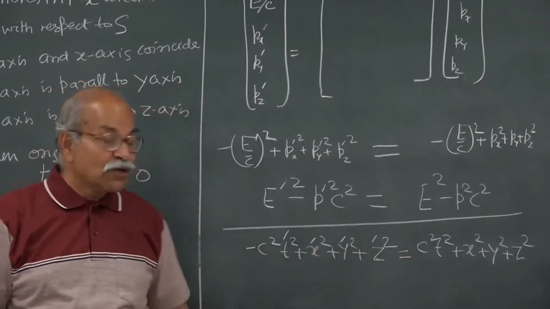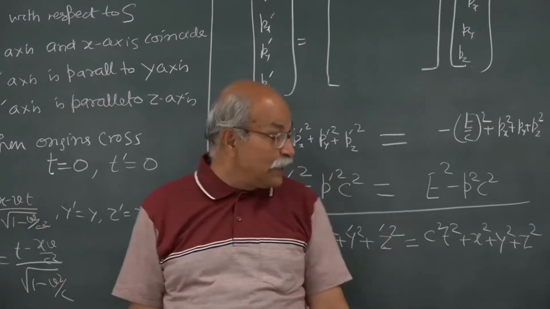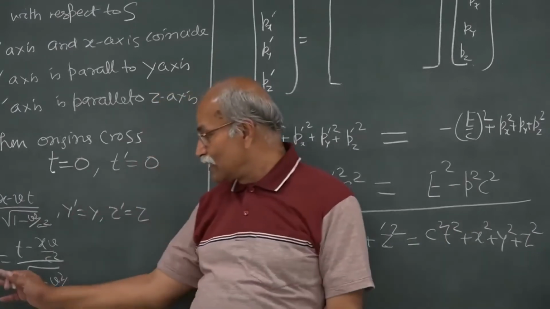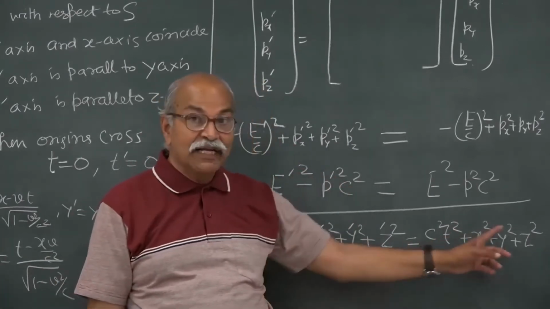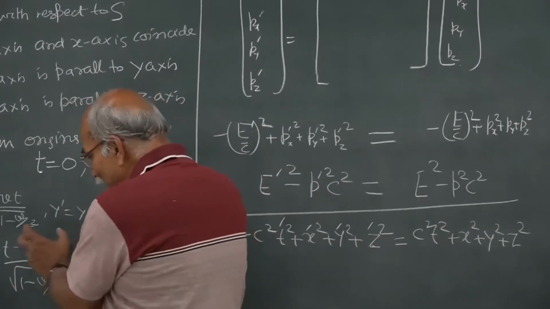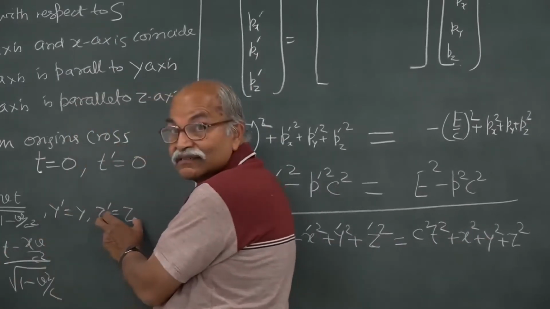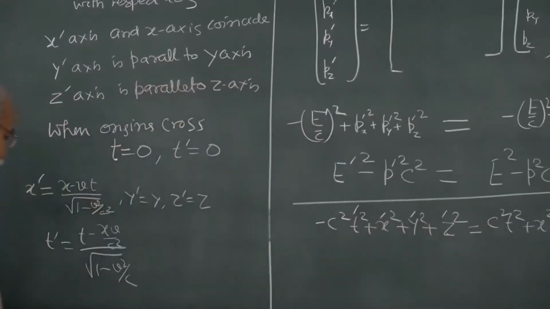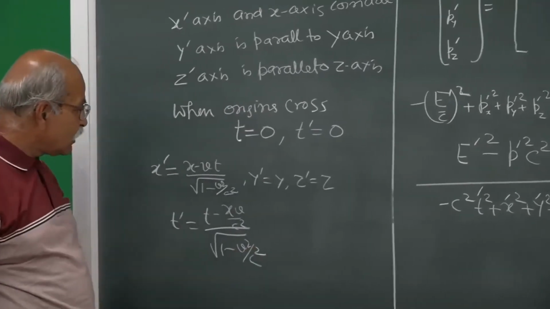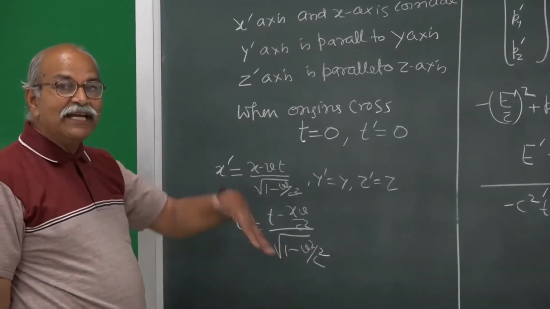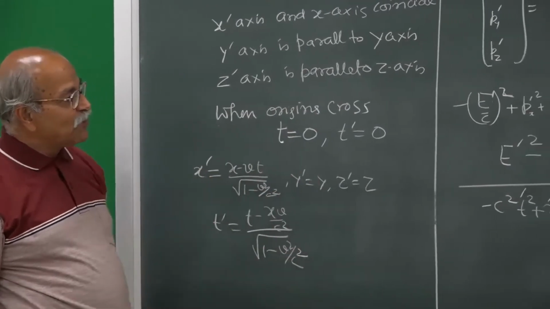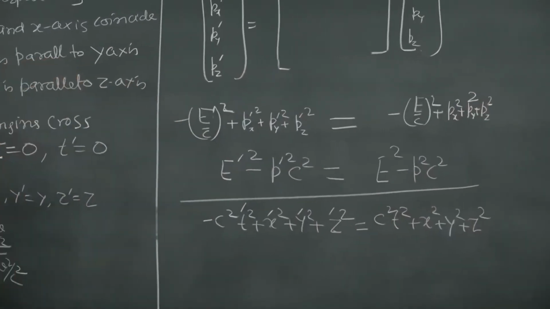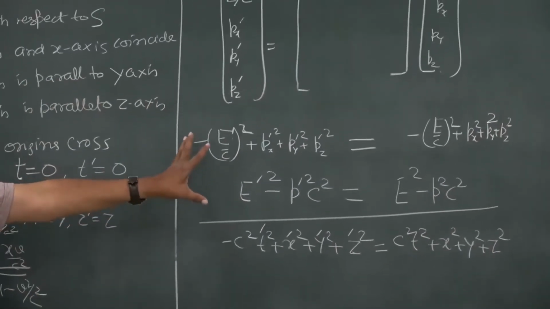Although x prime, t prime, y prime and z prime cannot be so simply obtained from these equations, this equation will still remain the same. Those are the kinds of properties of 4-vectors which we can employ to get some relations even if our frames are different.